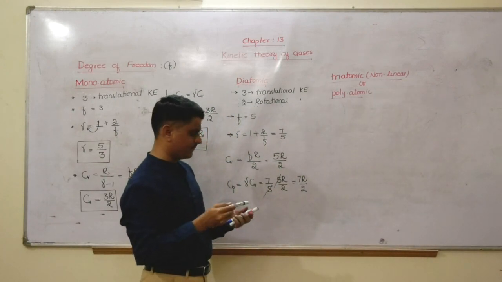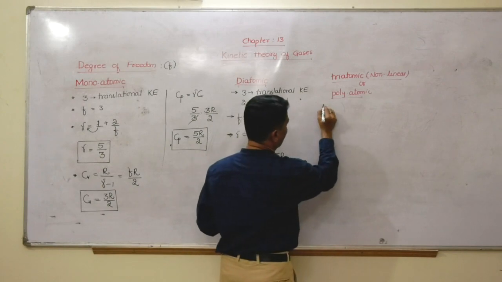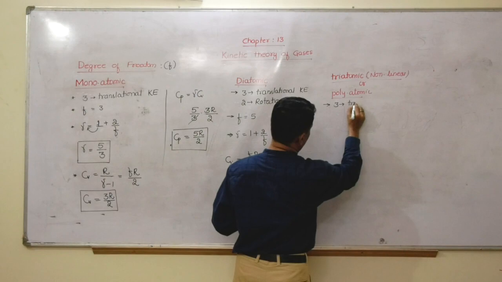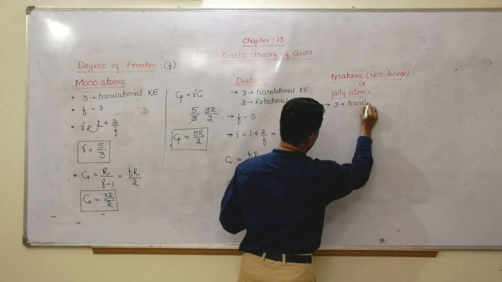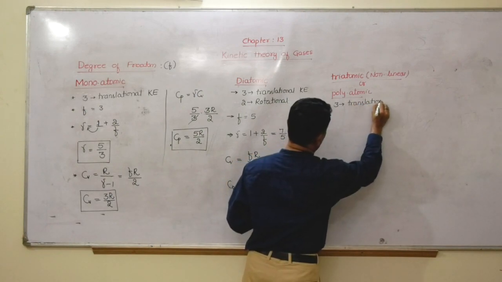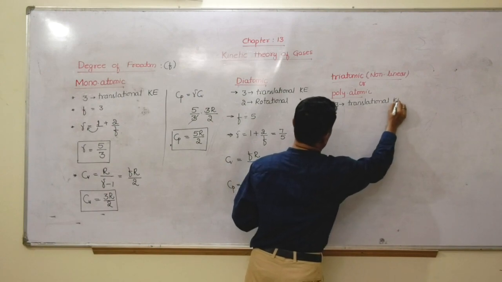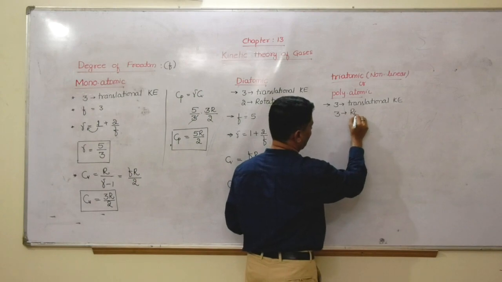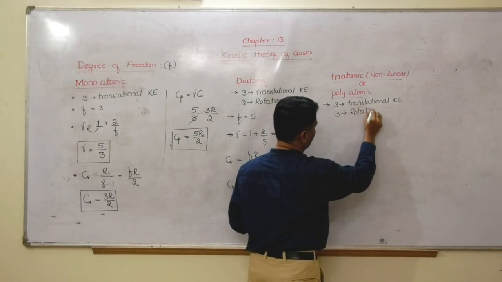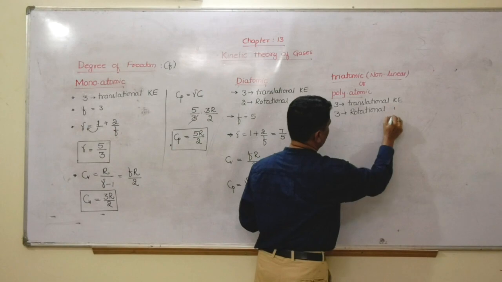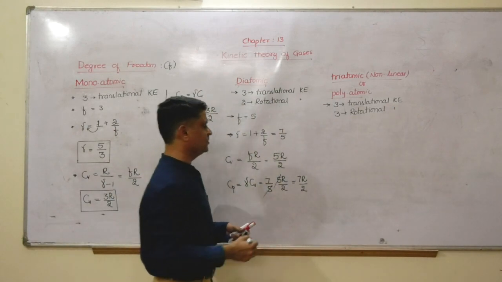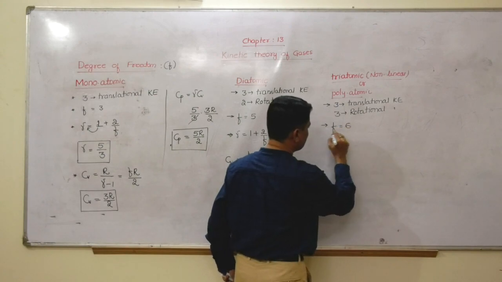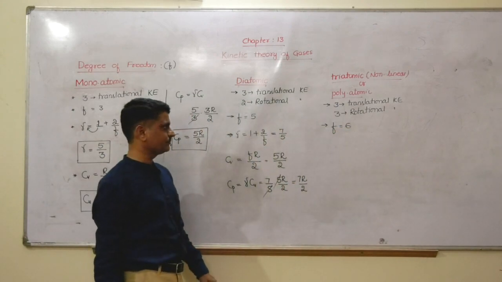You know, this triatomic nonlinear or polyatomic has three translational kinetic energies and three rotational kinetic energies. Hence, the total number of degrees of freedom is 6.